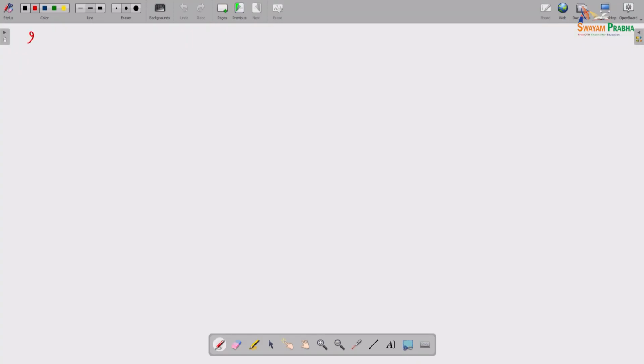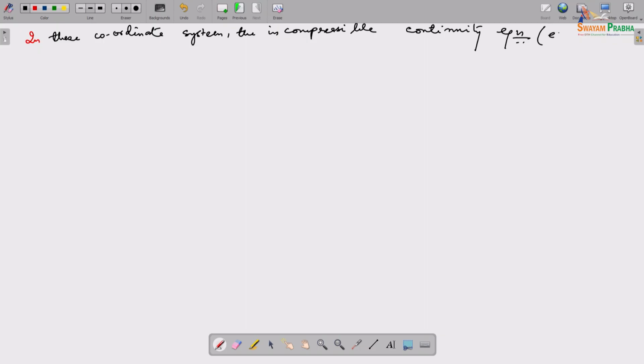So, in these coordinate systems, the exact incompressible continuity equation looks like this.